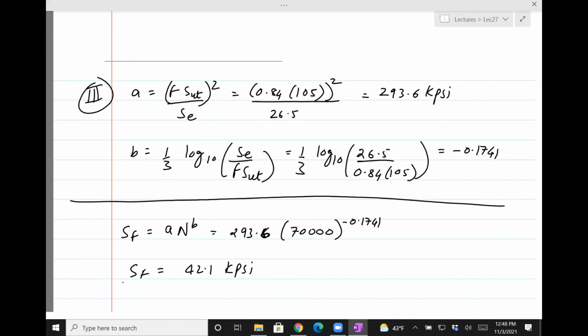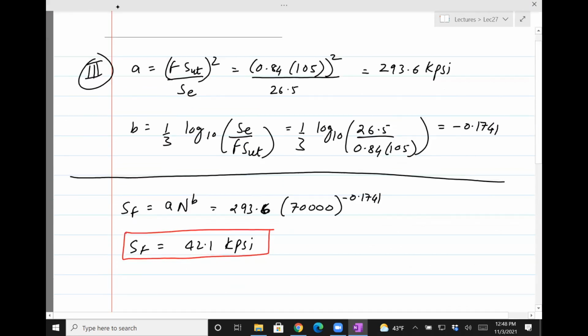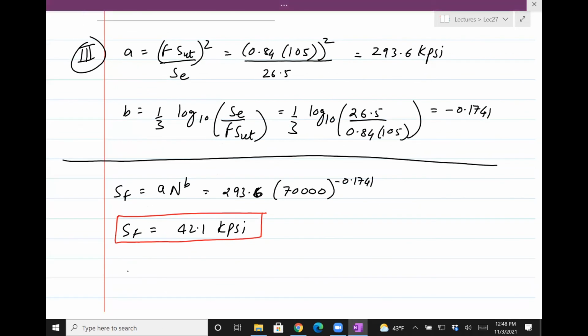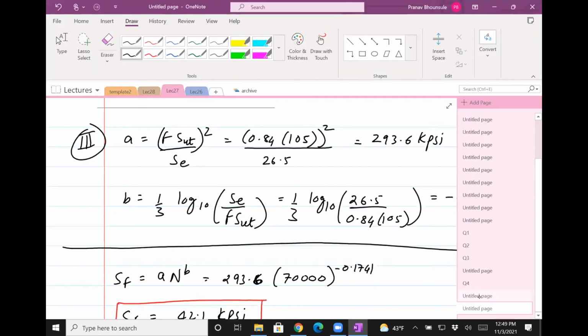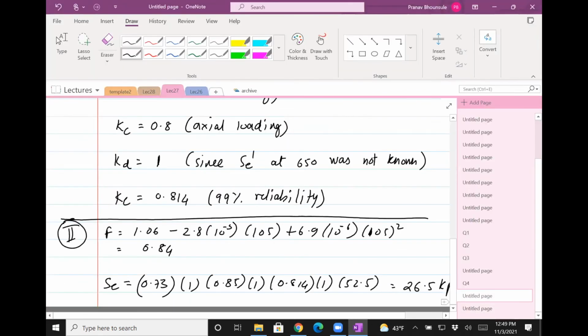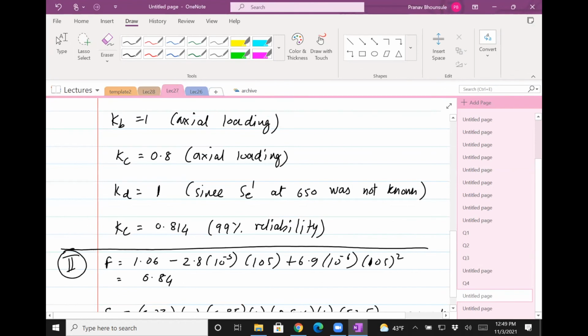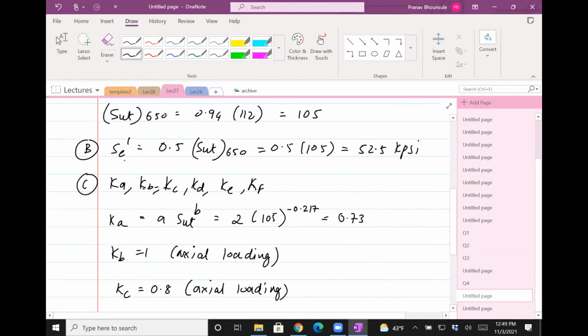Then the other thing which was asked was the strength at 650. That is a part we computed. It should be here somewhere. Yeah, SC. So this SC prime is actually the strength at 650 because it's using 0.5 times the ultimate strength at 650.